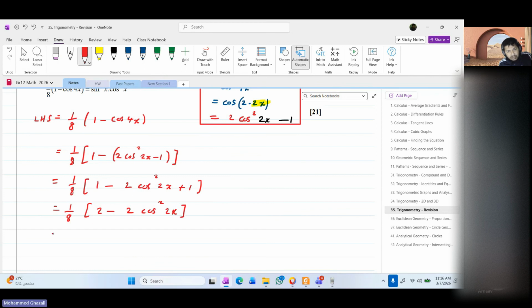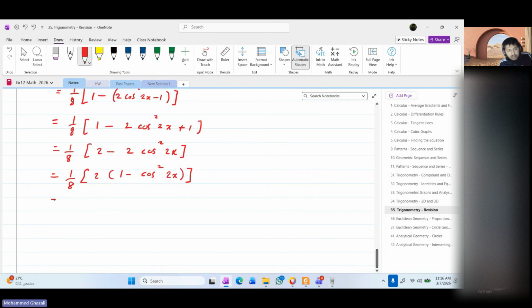Remember, we can take out 2 as a common factor. So we're left with 1 minus cos squared 2x. 1 over 8 times 2 is quarter. 1 minus cos squared 2x. Now the problem is, what is cos squared 2x? Cos 2x is basically 2 cos squared x minus 1.